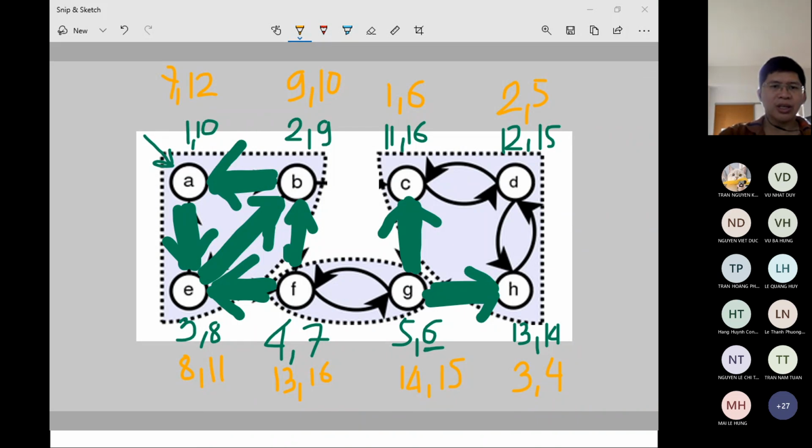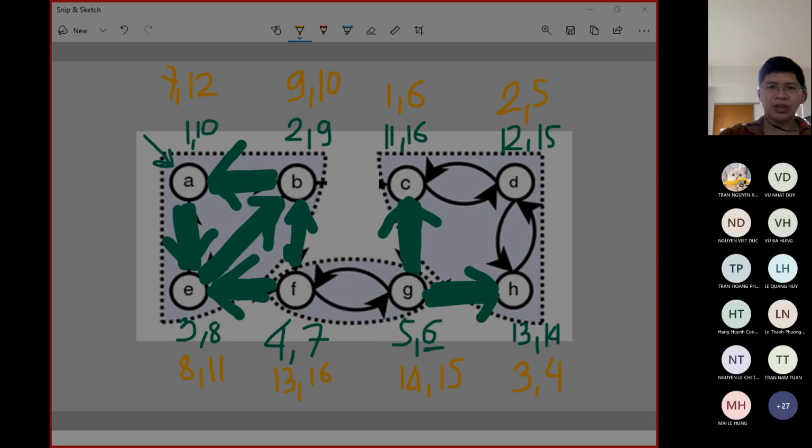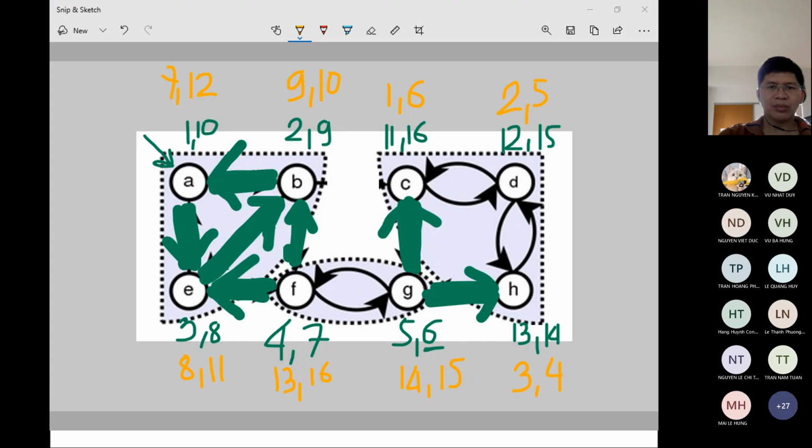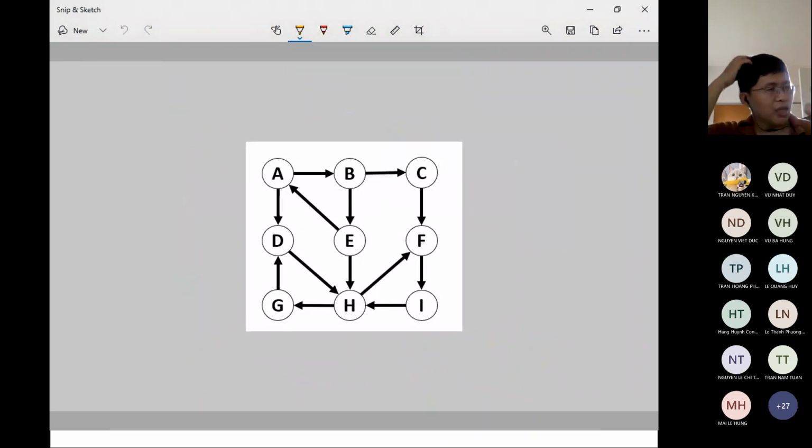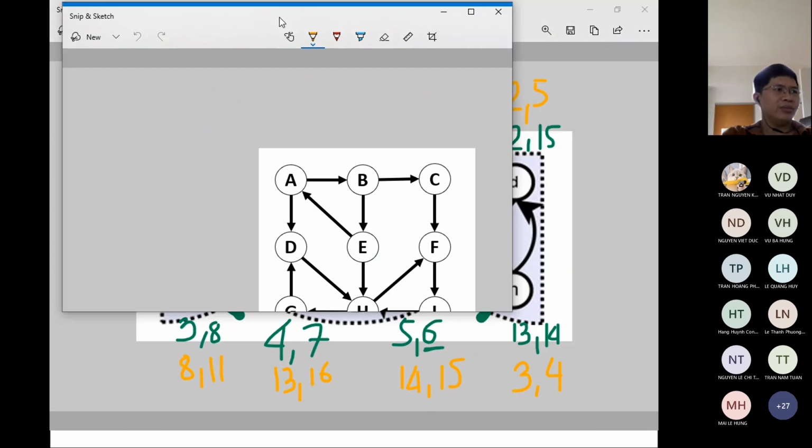Okay, it's good. Now, time for a practice. Please run it. Everyone, now I want you to find the strongly connected components of this graph. Okay, do you need the algorithm?